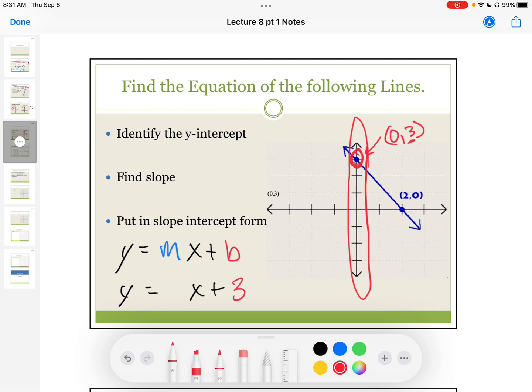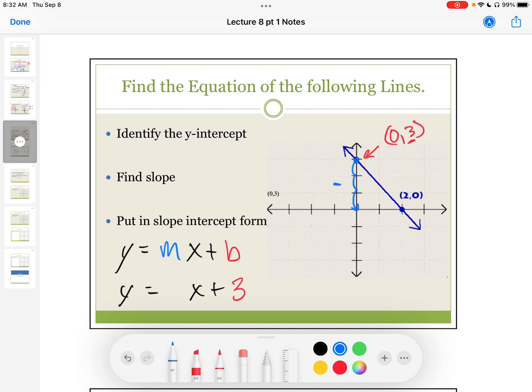Okay, now how do I go about finding the slope then? Sorry, I'm going to erase this just so you guys can see. We want to use our slope triangle here when we are doing this. Okay, so slope triangle. I'm going to start at this point up here. I can count to get to my next point. 1, 2, 3.